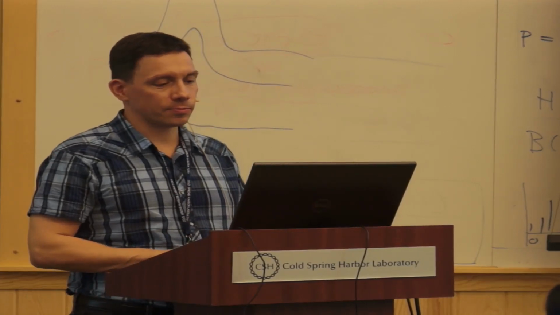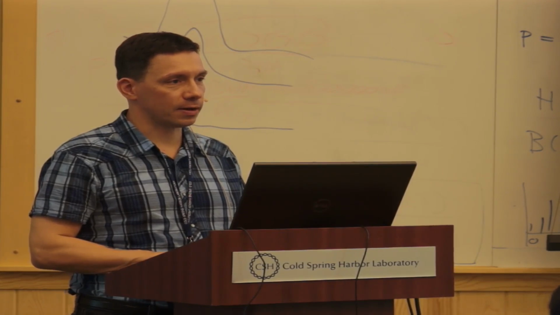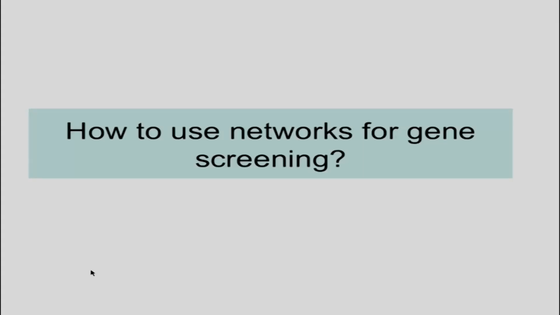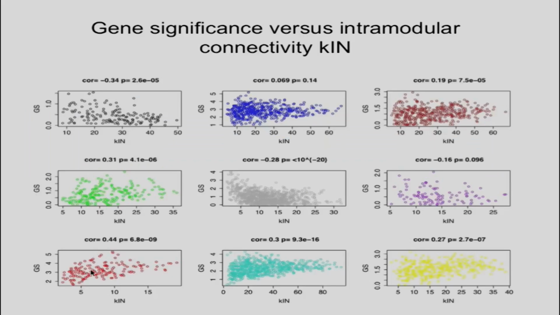So how do we use networks for gene screening, to find the critical genes? Well, we usually plot the gene significance measure versus intramodular connectivity. Each panel here corresponds to a different module, and the x-axis shows intramodular connectivity and the y-axis shows a gene significance measure, for example, a t-test statistic.